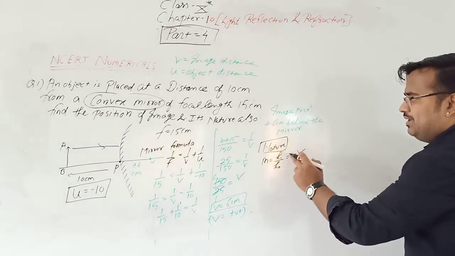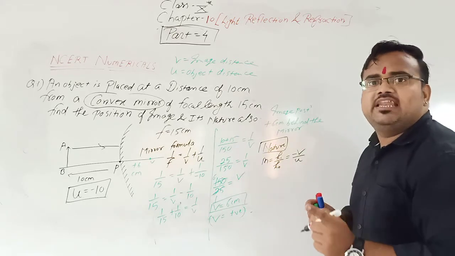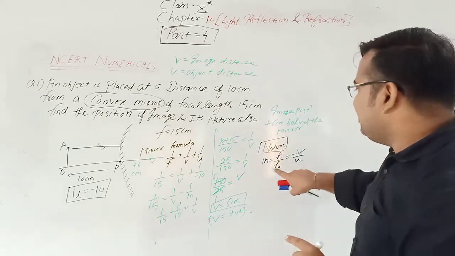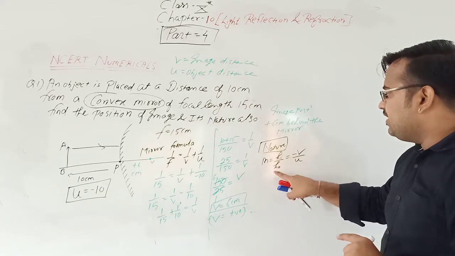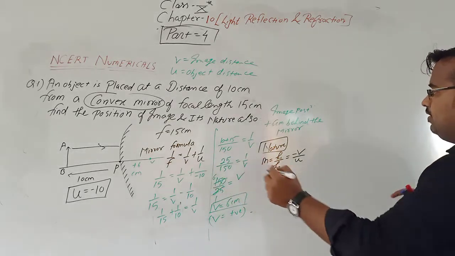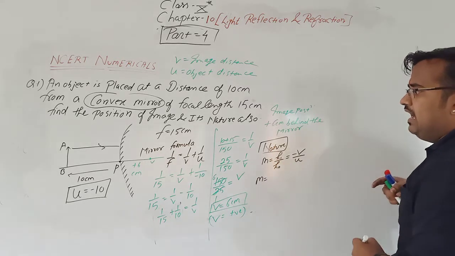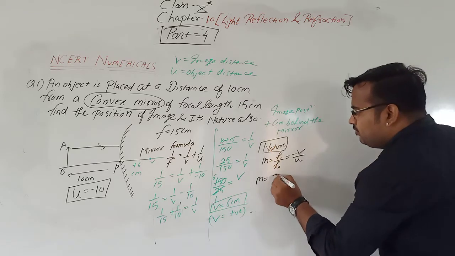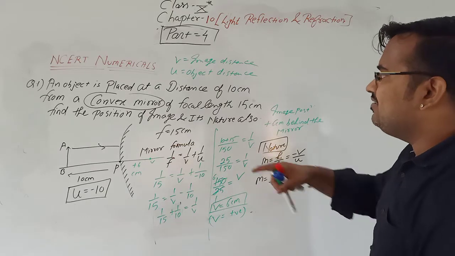For the nature of image, keep it in mind and write in your notebook: for the nature of image we will always apply the formula of magnification. So magnification for mirror is height of image upon height of object is equal to minus v upon u. Now, what is the height of image? Height of image is not given. So we will write hi upon ho.